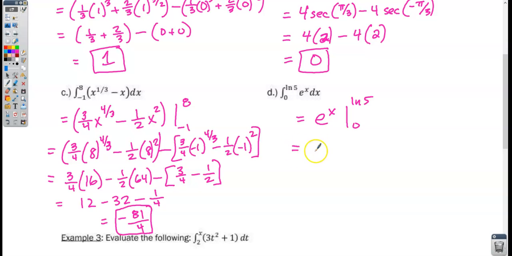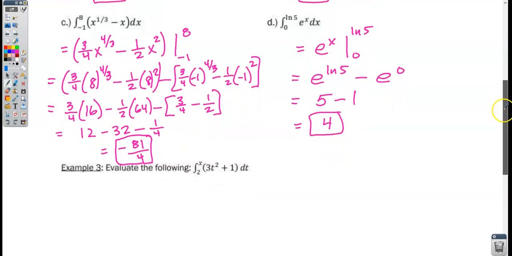And so this is going to be e to the natural log of 5 minus e to the 0. E to the natural log of 5 is just 5, and e to the 0 is 1. And so this ends up being 4 as our final value. All right, let's move on, excuse me, to example 3.